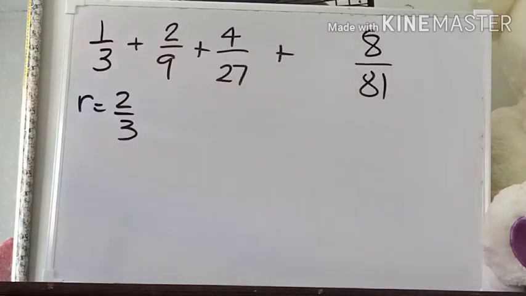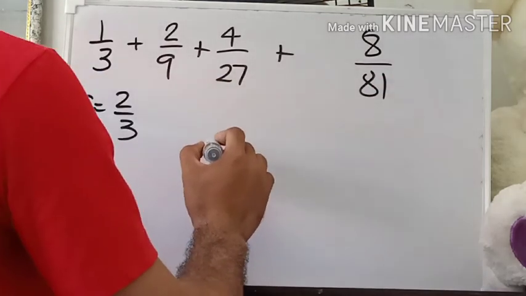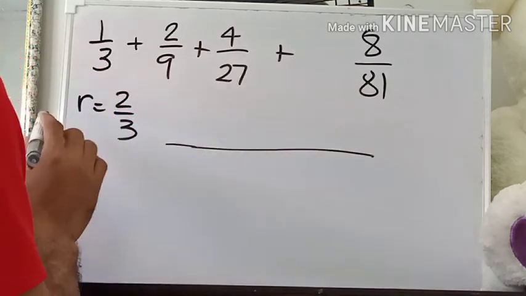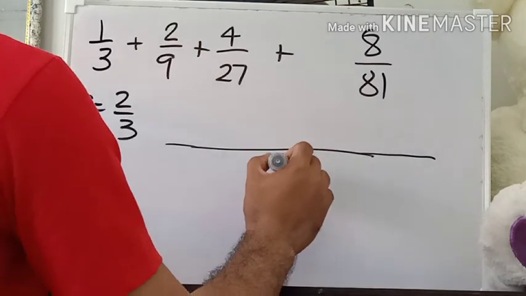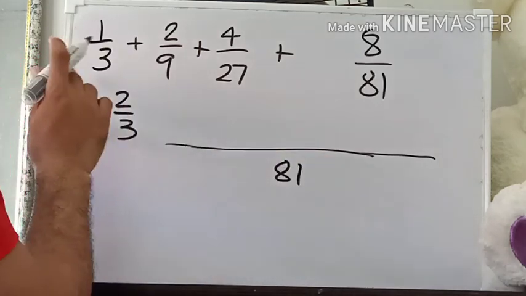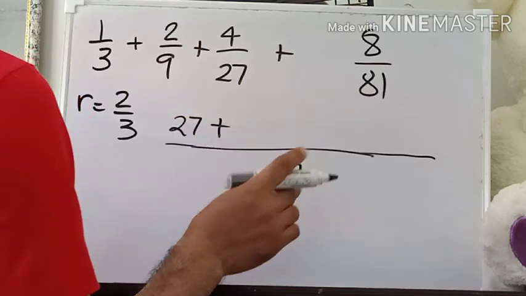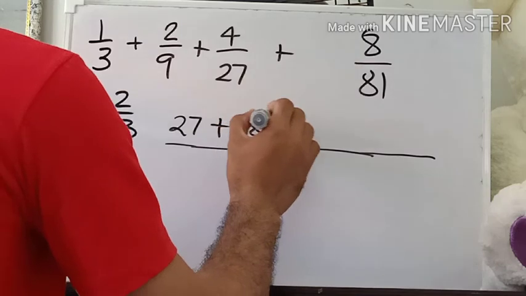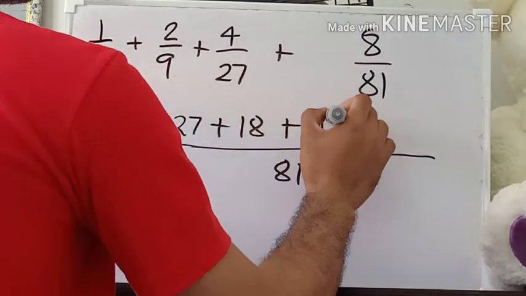So we can immediately take the sum of all those terms, since we are looking for the sum. That's obviously with a least common denominator of 81. 81 divided by 3 times 1 is 27. 81 divided by 9 is 9 times 2 is 18. Plus 81 divided by 27 times 4 is 12.